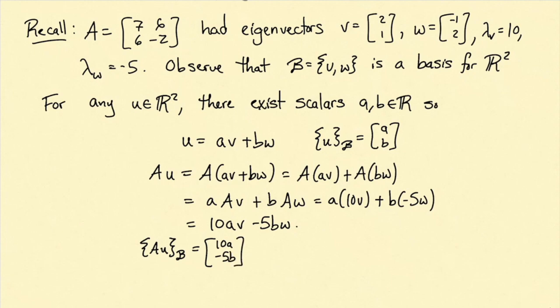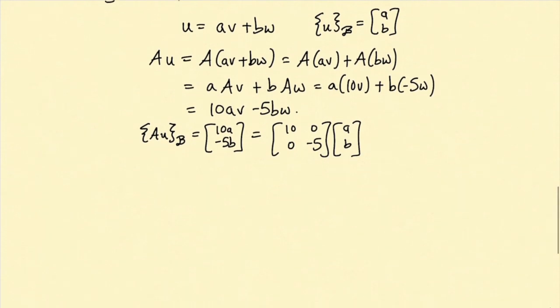We can think about this as the diagonal matrix with entries 10, 0, 0, minus 5, multiplied by (a, b). If we call this diagonal matrix D, then we can think about this as D multiplied by u expressed in the coordinates for B. So of course, if we're willing to shift our coordinate system, then we can think about the action of our matrix on a vector as coming from a diagonal matrix.